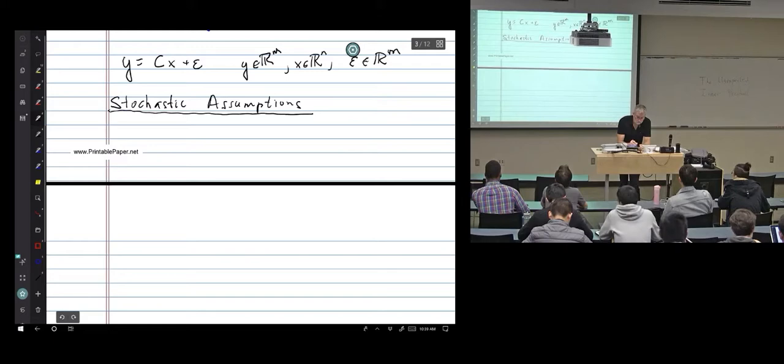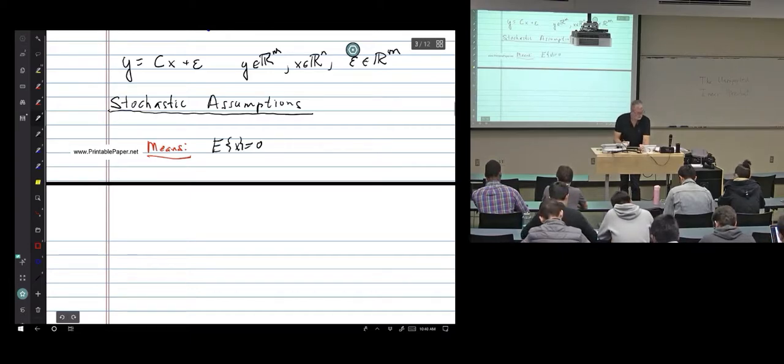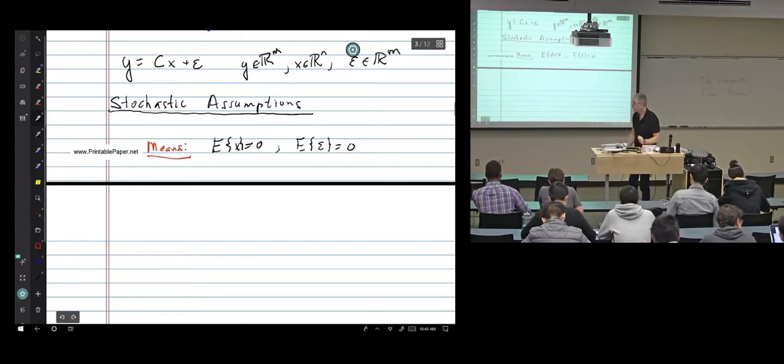Okay, so for the means, we're going to have the expected value of x equal to 0 and the expected value of the noise term equal to 0. So already you see this is different.